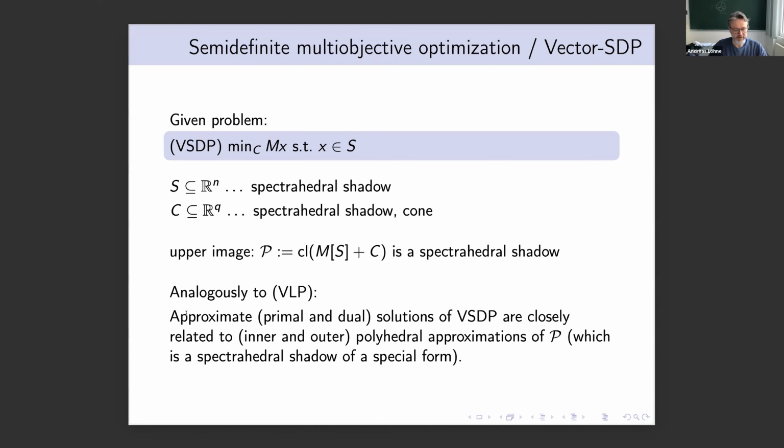We can compute approximate primal and dual solutions of this vector semidefinite program. And these are closely related to inner and outer polyhedral approximations of this upper image here, which is a spectrahedral shadow of a special form because we have this ordering cone here involved.